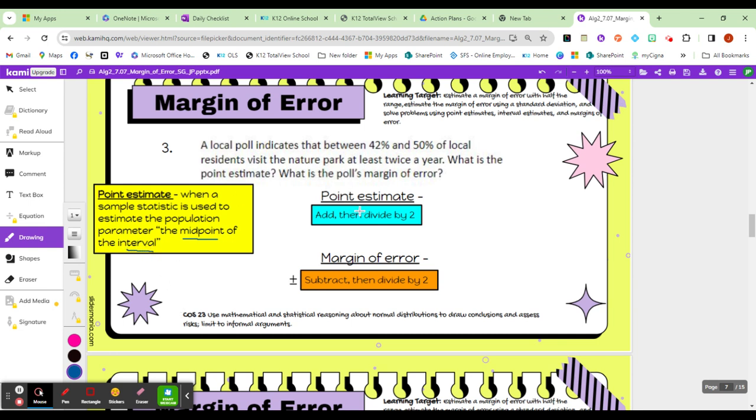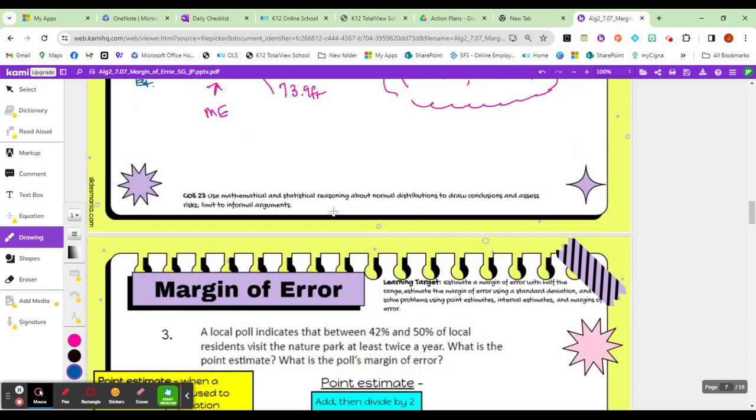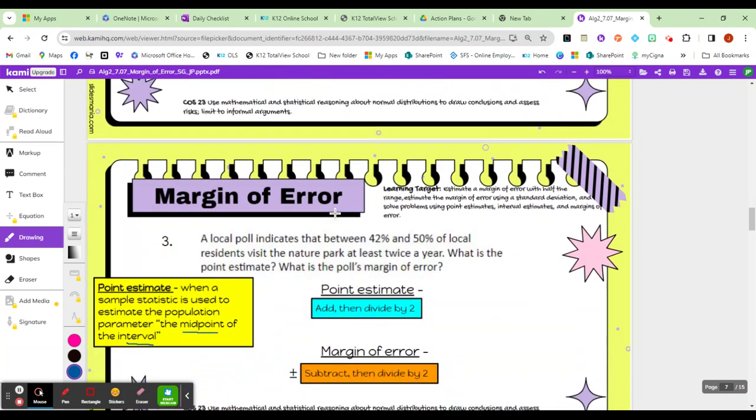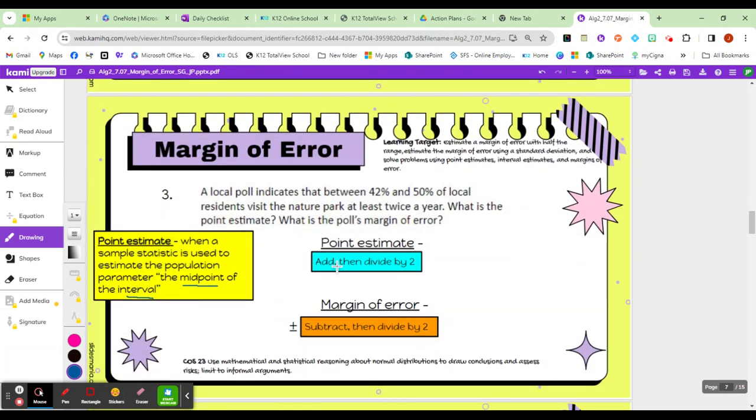If we're trying to find the point estimate, we can add the upper limit and the lower limit and then divide by 2. And when we're finding the margin of error, we subtract the upper limit and the lower limit, divide by 2, and remember that the margin of error is always plus or minus. So let's take a look at number 3.